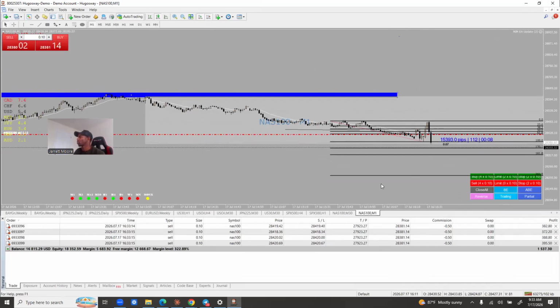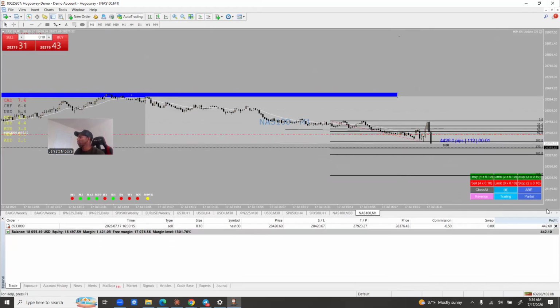Then we can just watch this melt. All right, we've already doubled our goal. Go ahead and take some positions off and then leave a runner.